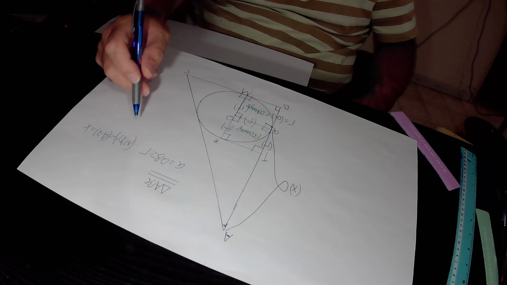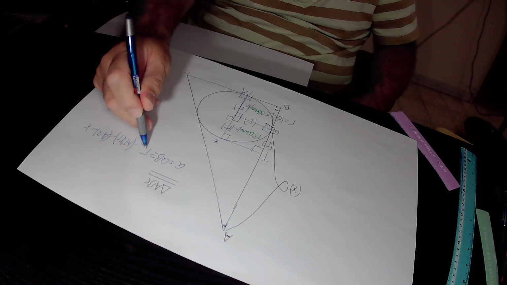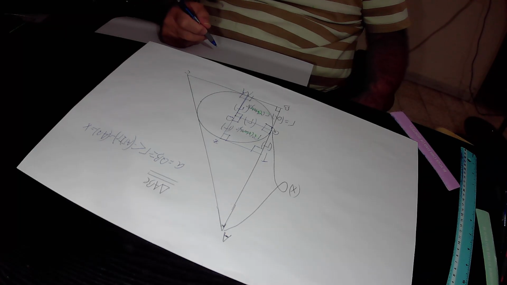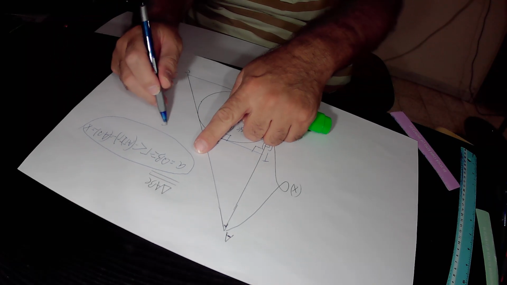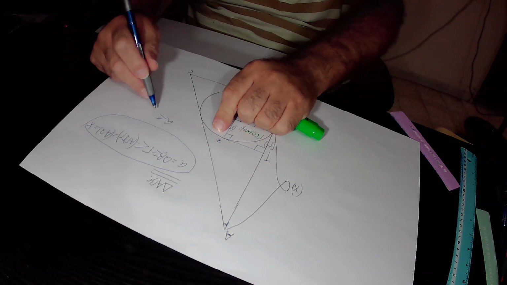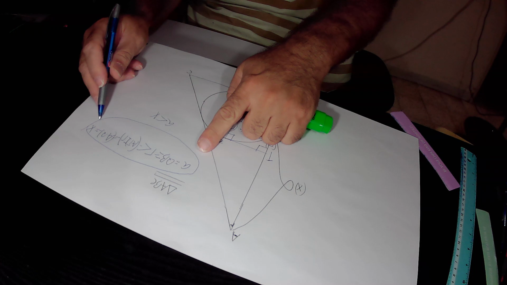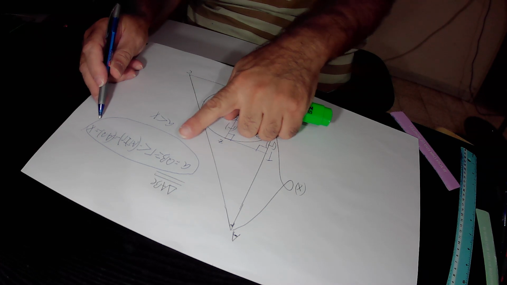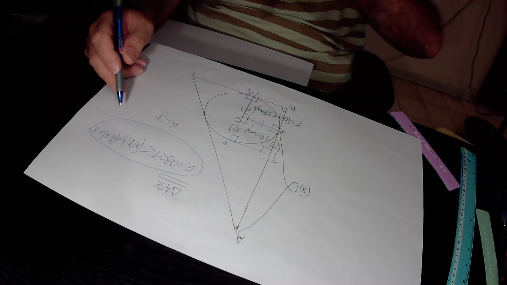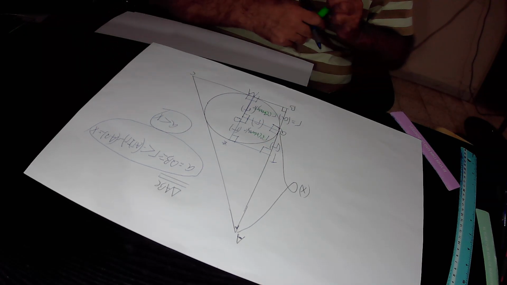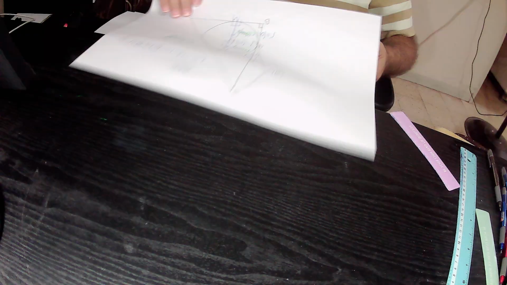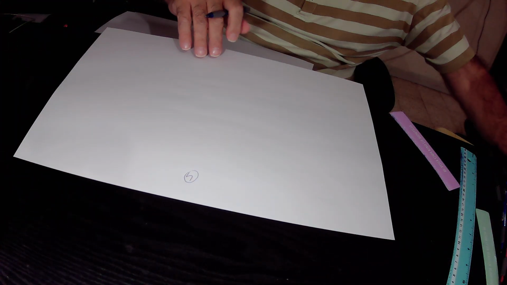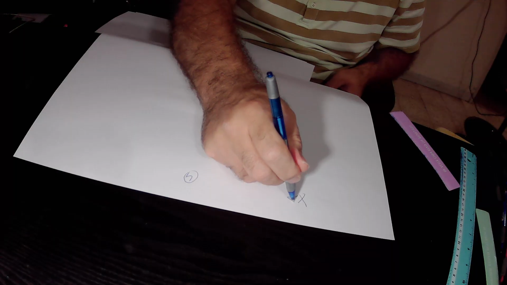So we can write down here that AT plus R is definitely greater than R. And from this inequality, we derive that A is smaller than X, or X is greater than A. So I'm just trying to find out that X is greater than A.